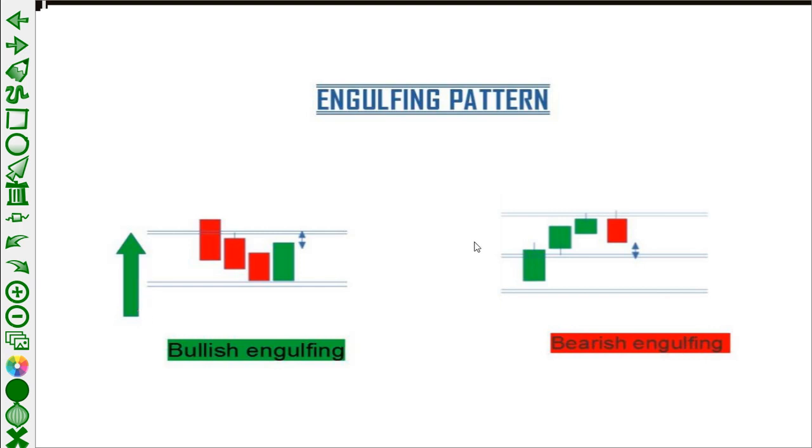Now let's see the bearish engulfing pattern. The first and foremost thing to look at is that it should be formed at the resistance level, and it is considered a bearish reversal pattern. The market is expected to go down for at least the next one candlestick if this pattern occurs and all conditions are fulfilled.